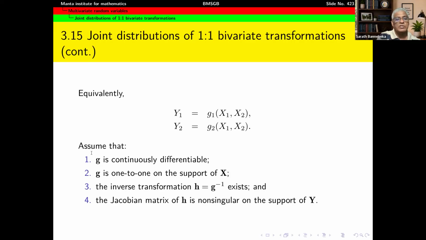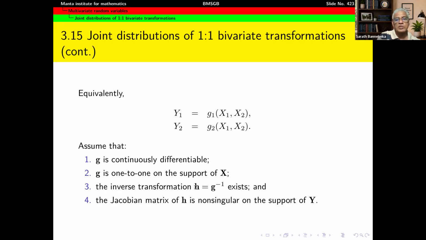So assume the following. G is continuously differentiable, so both g1 and g2 are differentiable. G is one to one on the support of x. That means whenever you have an x1, x2 point, it maps into a y1, y2 point as a one-to-one function transformation.